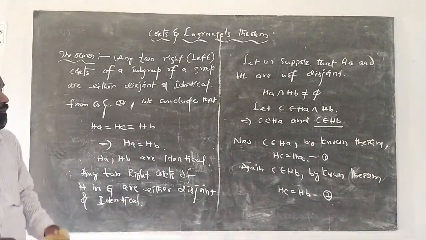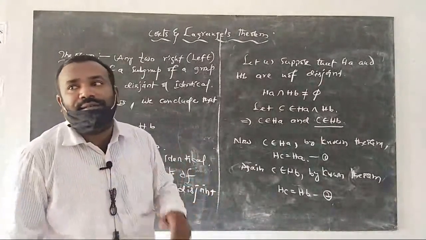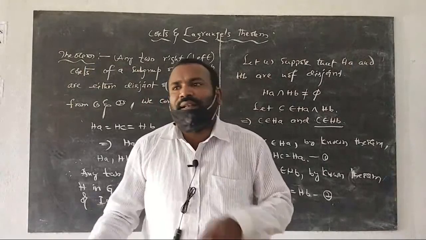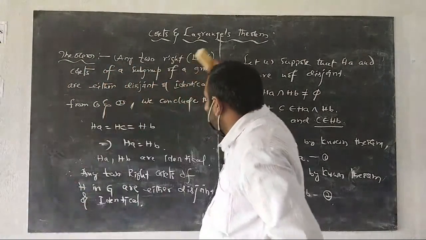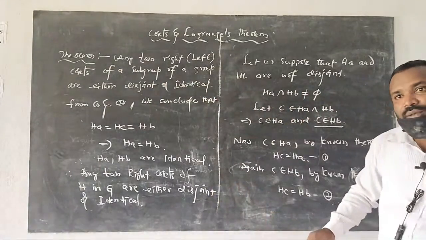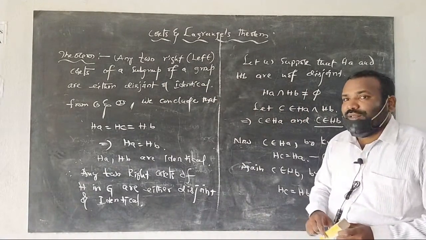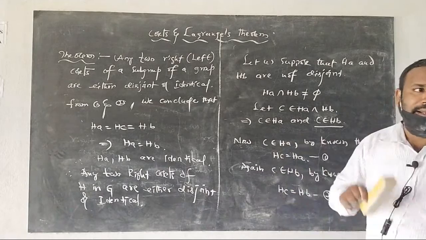So we have proved this by taking two right cosets. You can prove this theorem in the same manner by taking any two left cosets, showing that they are either disjoint or identical.